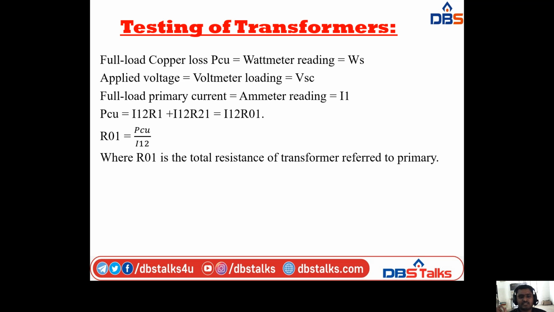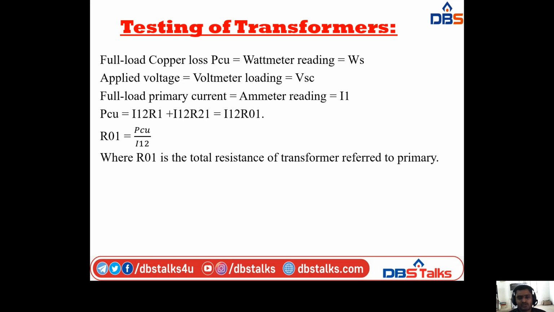I1 square R01 is the full load copper loss, and from this, R01 is equal to the full load copper loss divided by I1 square, where R01 is the total resistance of the transformer referred to primary.